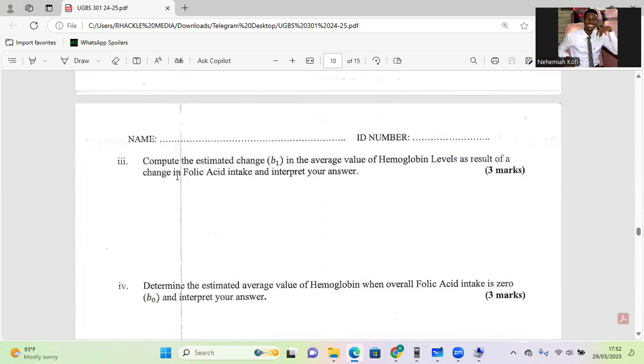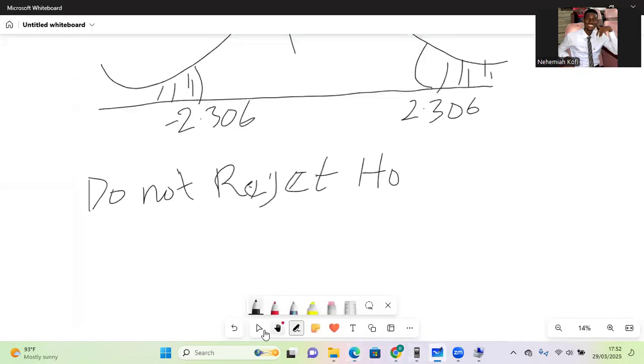The next one is saying: compute the estimated change in the average value of the hemoglobin level as a result of a change in the folic acid intake, and interpret your answer. It looks strange, but it's not strange.